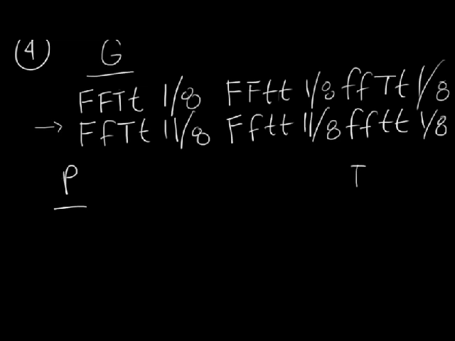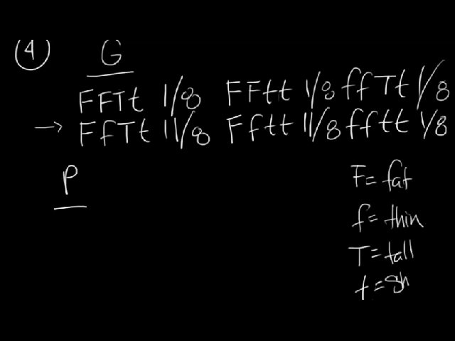So let me go ahead and write out the alleles again. Okay. So big F, big T, little t. So we are going to start out with this one first.